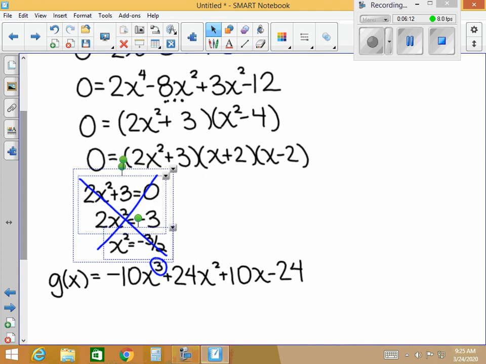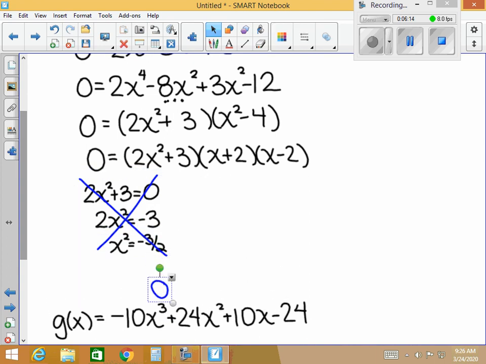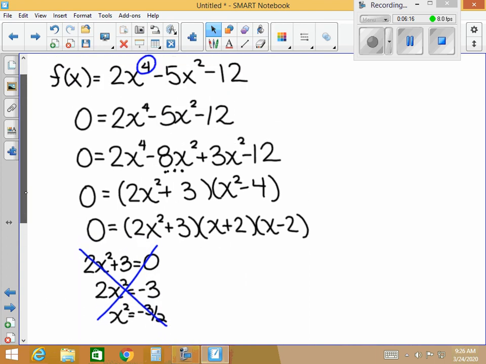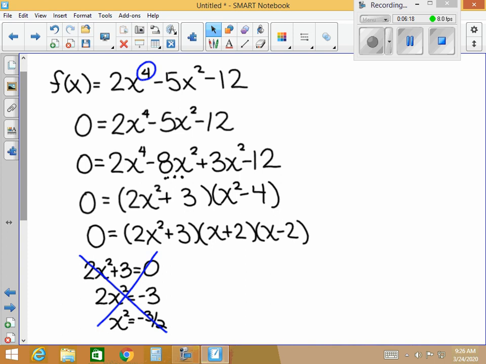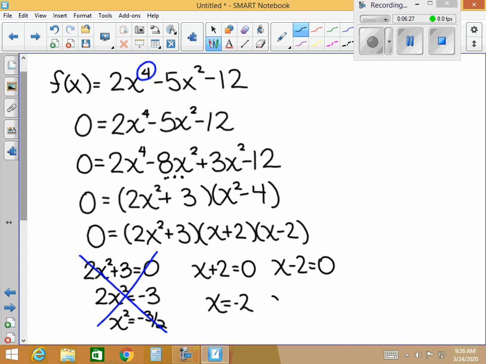I want this out of my way because I want to be able to draw a picture over there. If we set the other factors equal to 0, we get x = −2 and x = 2.